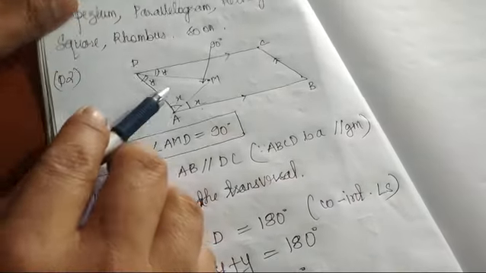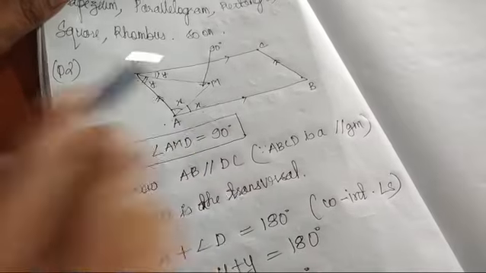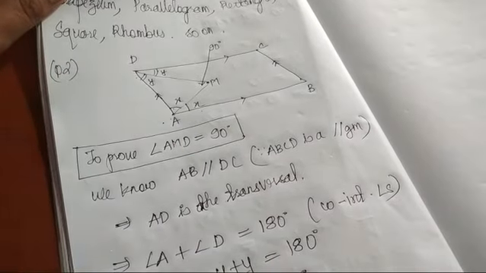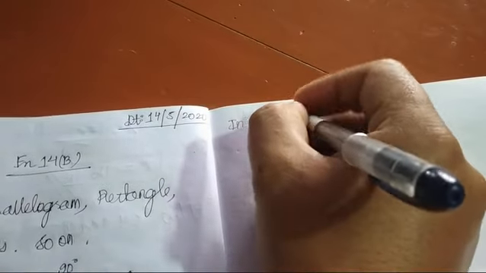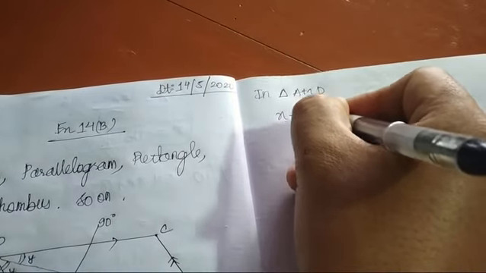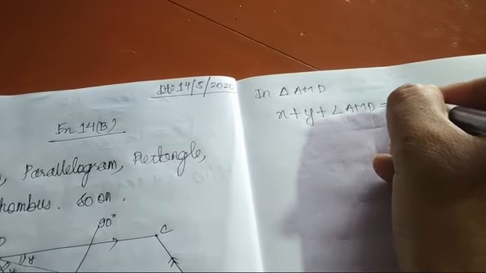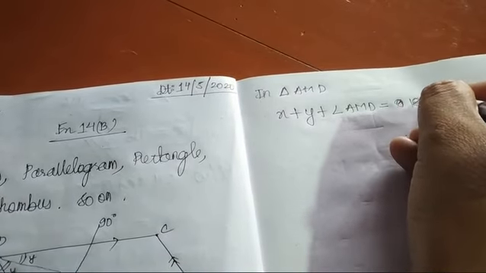So if I see in triangle AMD, x plus y equals 90 degrees. If this angle has to be 90, finally I'll write down in triangle AMD, angle x plus angle y plus angle AMD, the sum of three angles of this triangle, should be equal to 180 degrees, isn't it?